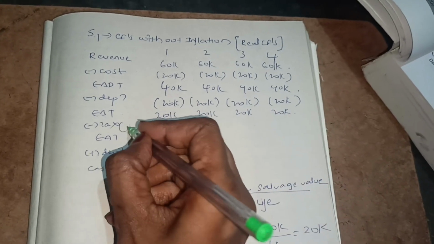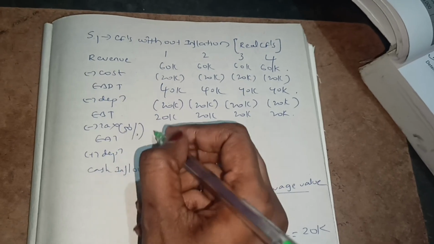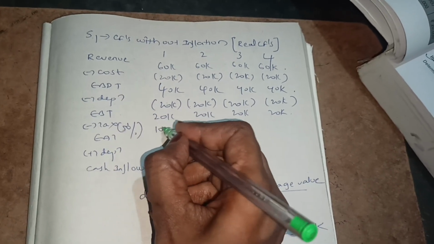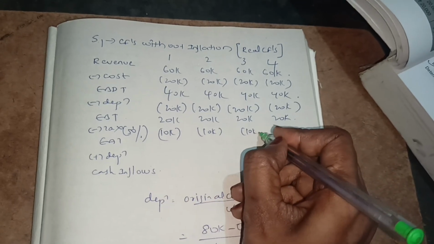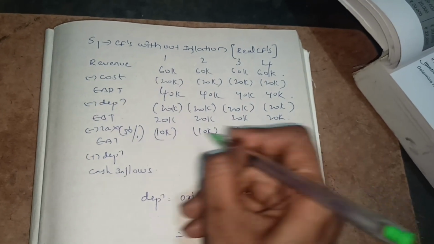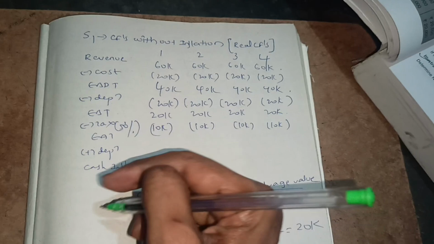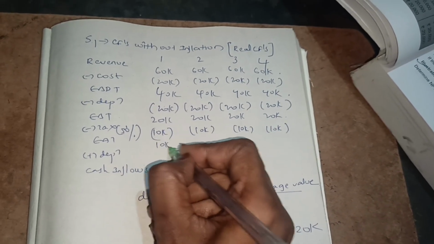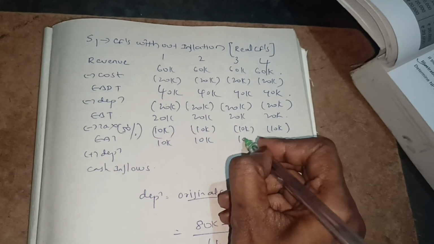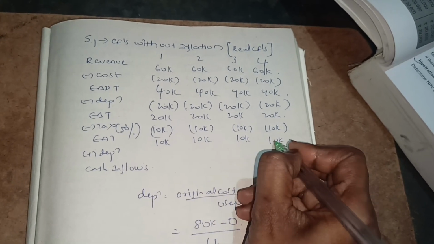Tax rate is given as 50%. So 20,000 into 50% will be 10,000. 10,000, 10,000 and again 10,000. EBT minus tax, we will be getting EAT, earnings after tax, that is 10,000, 10,000, 10,000 and 10,000.